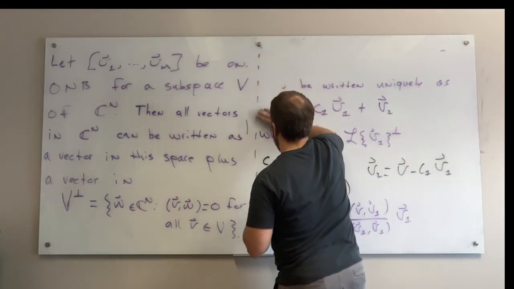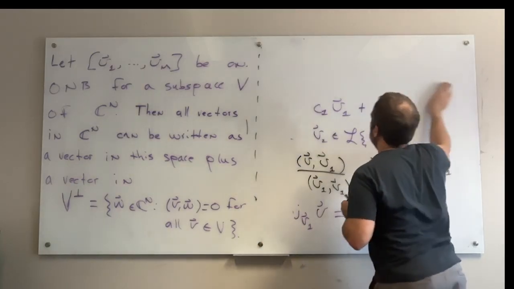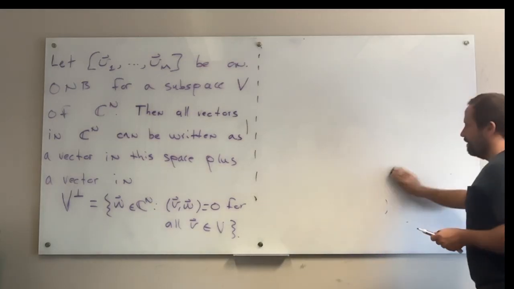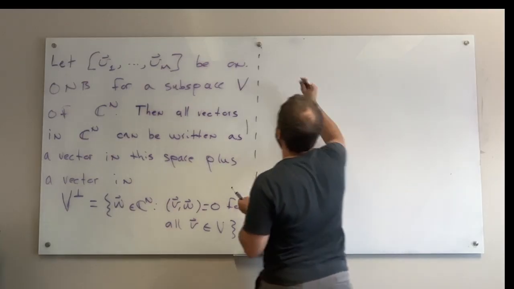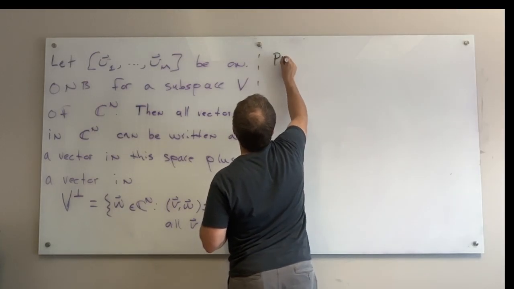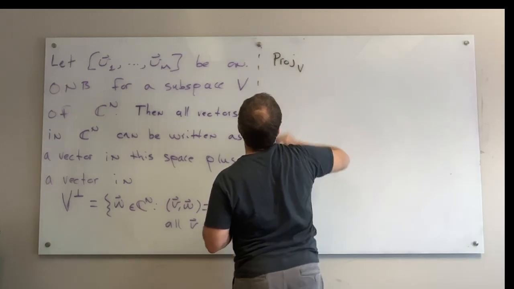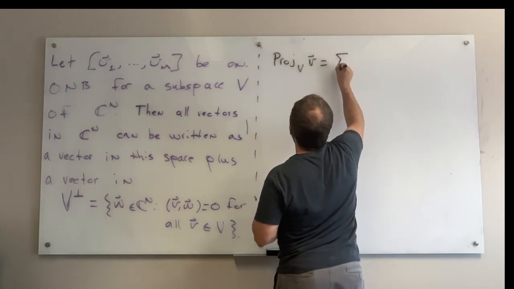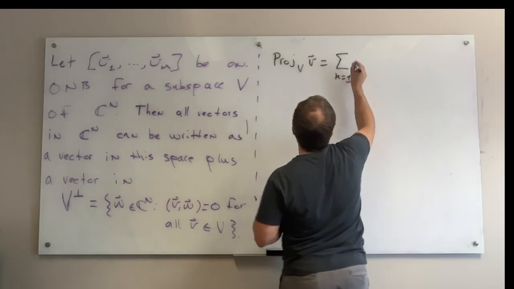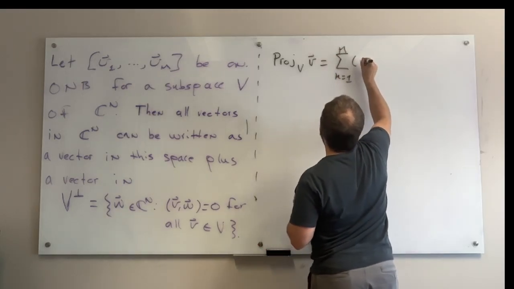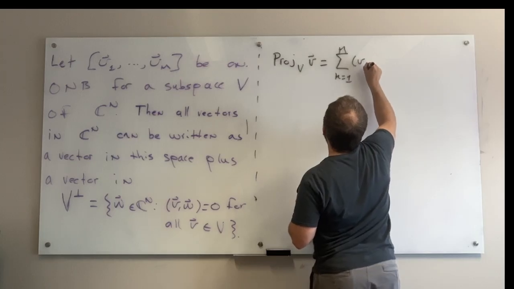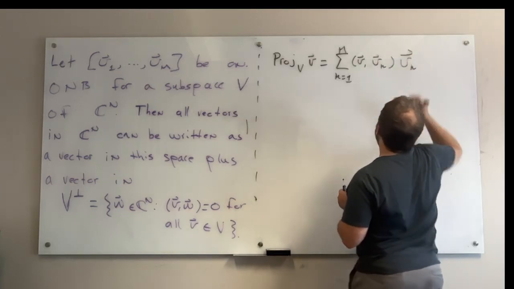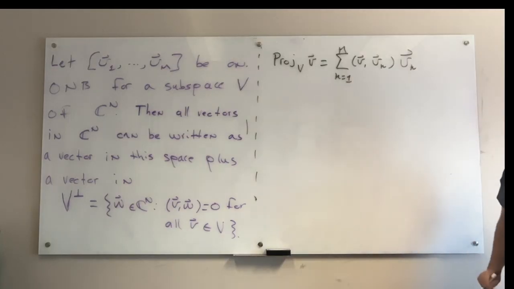Well, the projection onto the subspace V of a vector v is defined as the sum from k equals 1 to m of the inner product of v and Vk, times Vk.